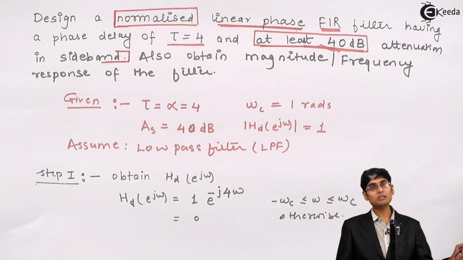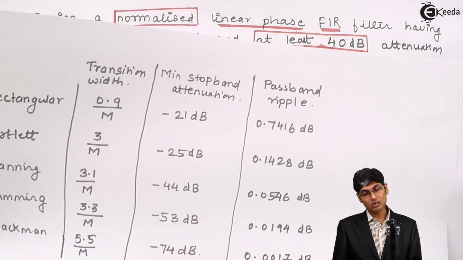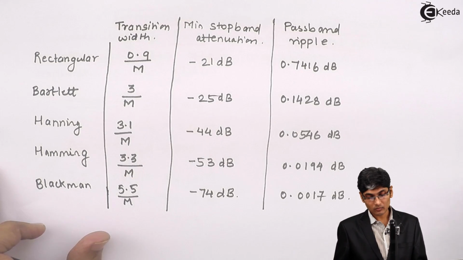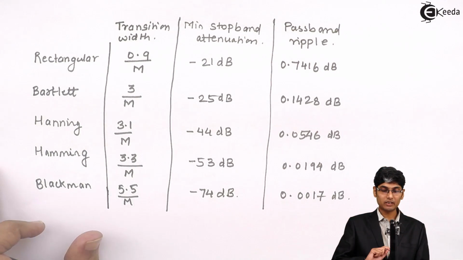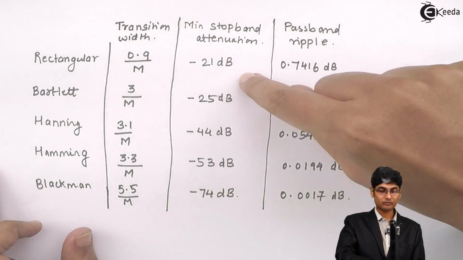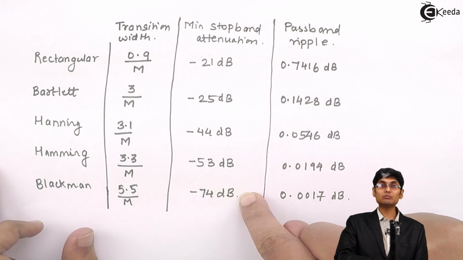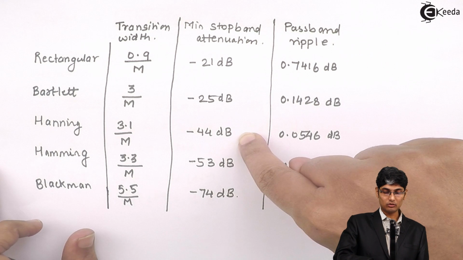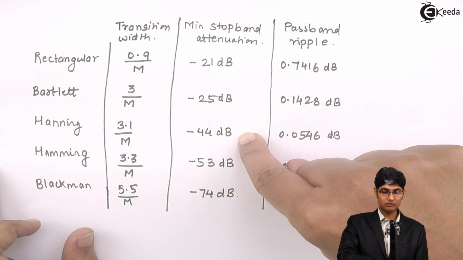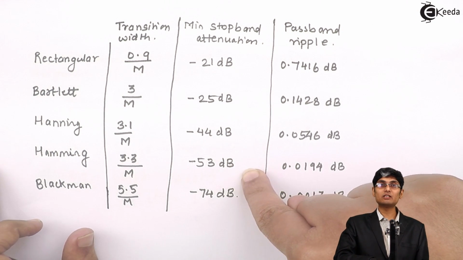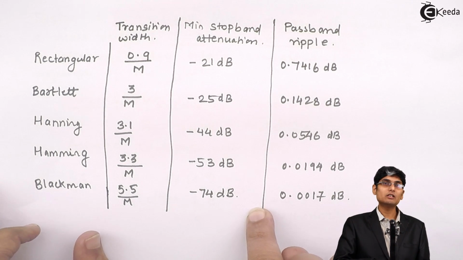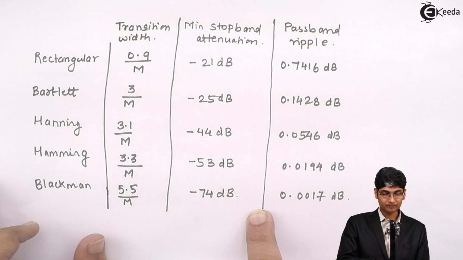Let's go back to our characteristics. Now the characteristics that we have for the window, this is the minimum stop band attenuation column. I want the minimum to be minus 40. If I give minus 44, it will also be better. If I give minus 53, it will be even better. And if I give 74, then it's also a very good filter.